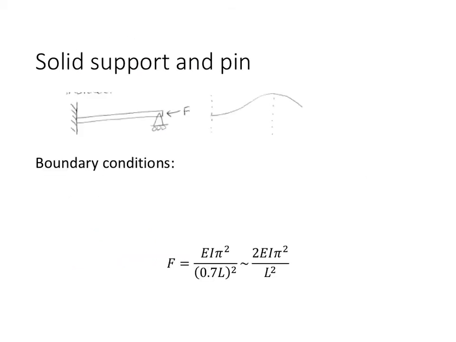Our last boundary condition is a solid support at one end and a pin with a roller at the other. So this might be the same situation we considered before, where there's a ceiling that is solidly held in place but can flex, thus pushing downward on the pole. But this time, the pole is not firmly attached to that ceiling.